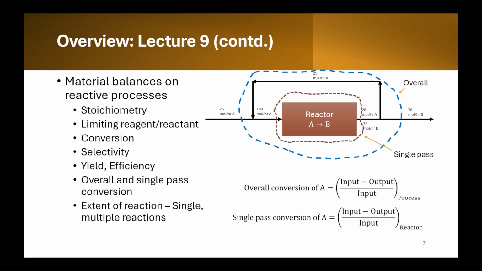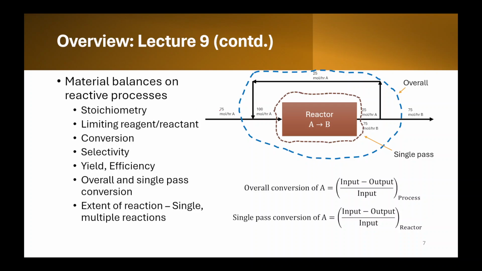So if we want a single pass conversion, it will be across this reactor unit, and if we want an overall conversion, it will be considering the complete system including the recycle stream. So the overall conversion of A will be for the whole process. So what is coming in and what is coming out.